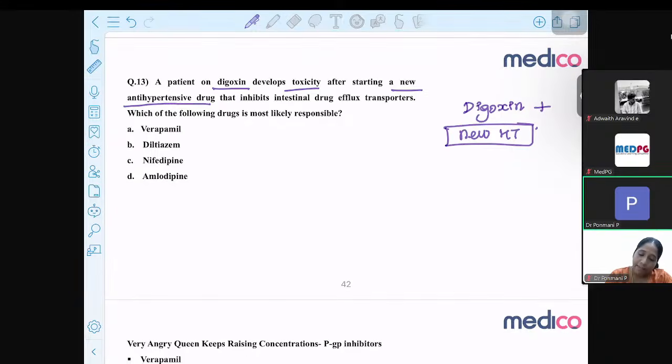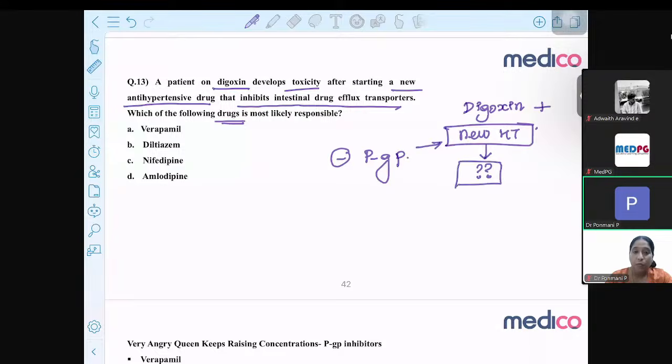This antihypertensive drug is inhibiting a drug efflux transporter, which will possibly be P-glycoprotein. So they are asking which of the following drugs is most likely. That is, which antihypertensive drug has been given, which is going to block P-glycoprotein also.